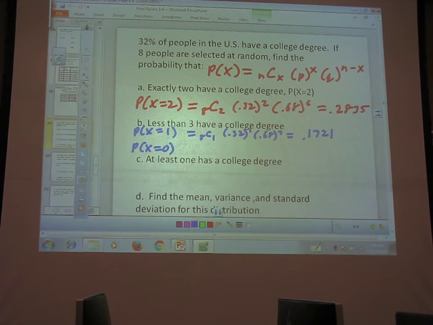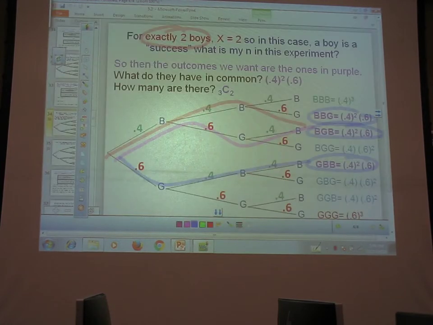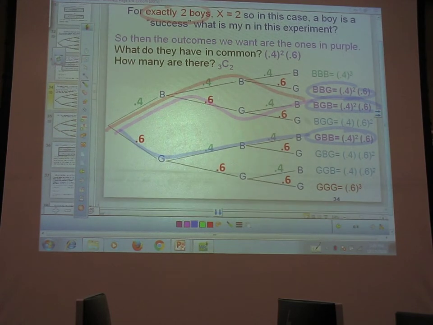The binomial only helps us when we need to figure out how many branches end up with that possibility. This one is if they're all boys. That's really easy. We don't even need binomial for that. All boys, boy and boy and boy, 0.4 times 0.4 times 0.4. Simple.